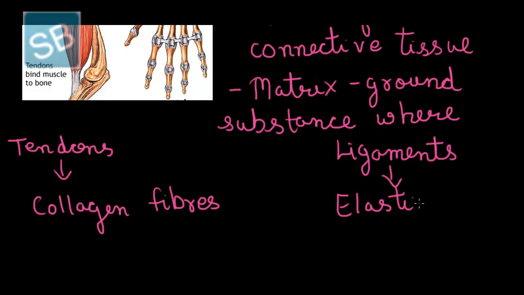Thus, tendons constitute the white fibers and ligaments, on the contrary, yellow fibers. Thus, in ligaments, the fibers occur in branched form and that of tendons remains unbranched.